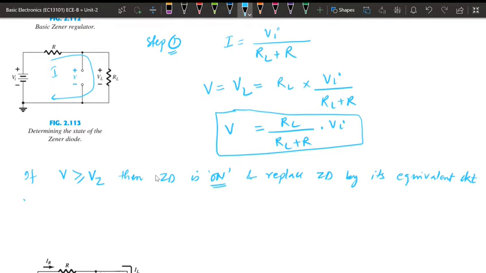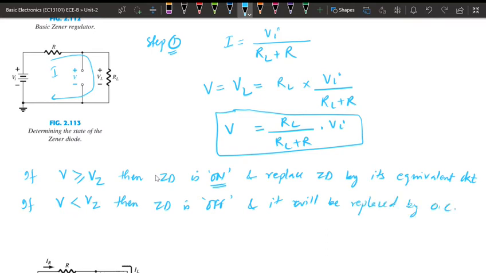The second case is if the V voltage we have obtained is less than Vz, then the Zener diode is in off mode, and it will be replaced by an open circuit.